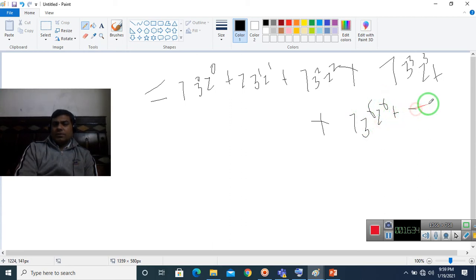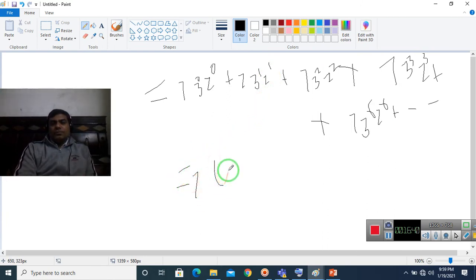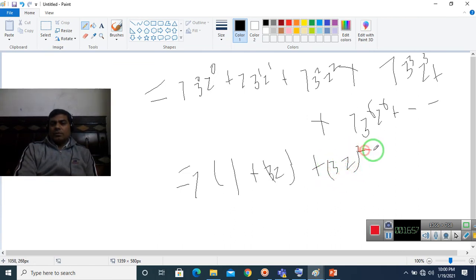So we will take 7 as common for this series. So it becomes 3 to the power 0 z to the power 0, which is 1, plus 3z to the power 1 plus 3z to the power 2, and so on, and in the end 3z to the power r.